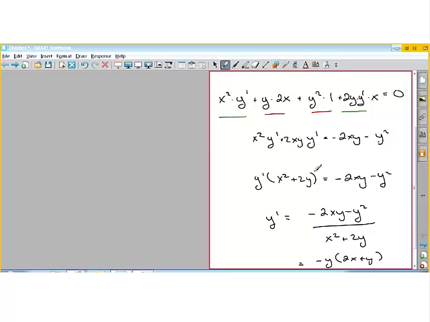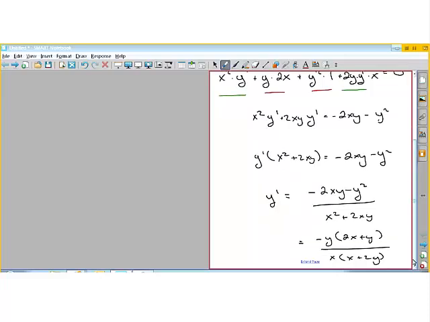Plus 2xy. So when I factor out y prime there, I'll get 2xy. Come down here, I get another x. So I can't factor out an x. So when I factor out an x, this becomes x, and this becomes 2y. Okay, so that's it.